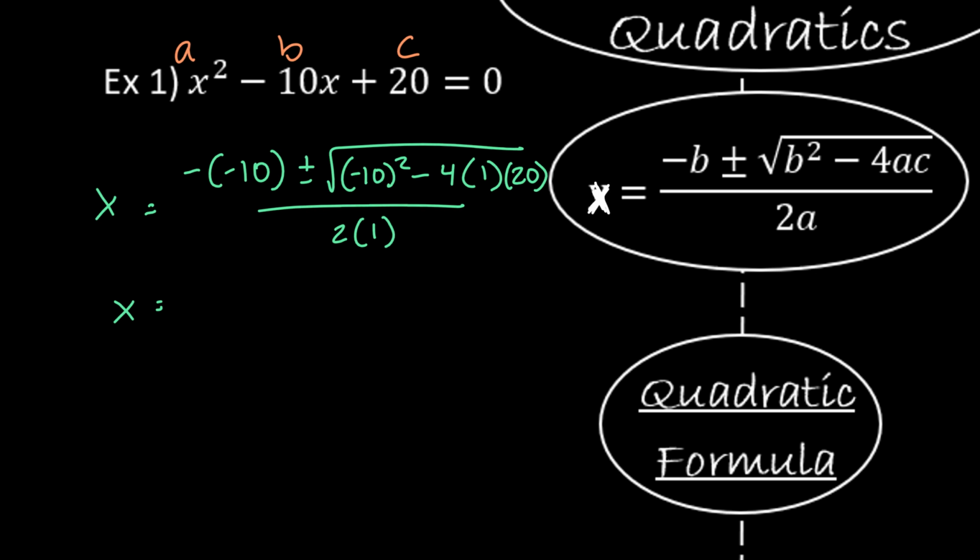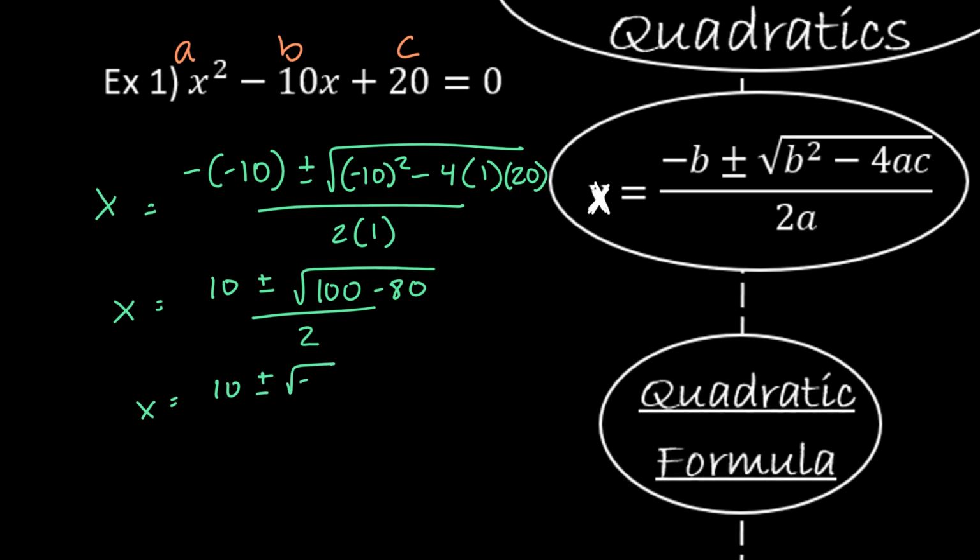So, 10 squared is how much? 100. And then what is 4 times 20? What is 100 minus 80? 20. So it's 10 plus or minus the square root of 20 over 2.